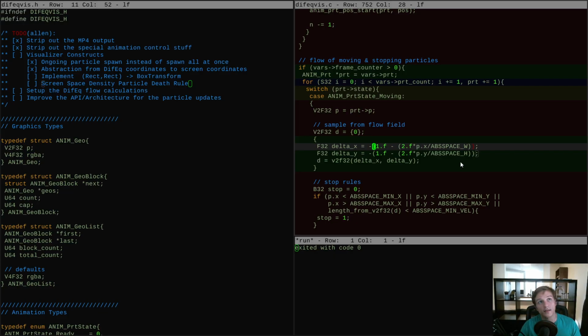We want it to be the case that the sign remains the same, but that the effect tapers off the larger it gets.